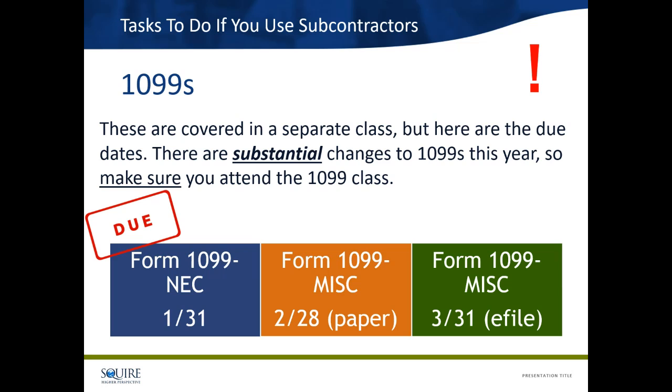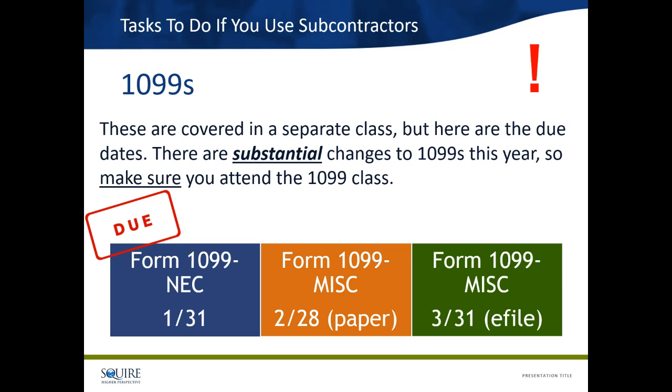This is a good time of year to review your vendors. Make sure if it is a vendor that should get a 1099 that they are marked that way in QuickBooks or in your accounting software as a 1099 vendor, and make sure you have those W-9s. If you don't, then start contacting your vendors who are 1099 eligible and get a W-9 from them.